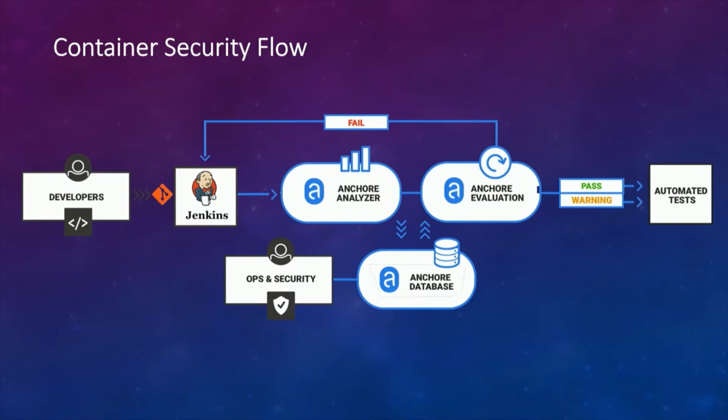So you have your developers here that are doing their coding, right, and building the containers and all of that. They would check it in to Jenkins, and then Jenkins would automatically send it to, in this particular case, the open source tool Anchore. It would do its evaluation, and then based on its evaluation, you can choose what you want to do.